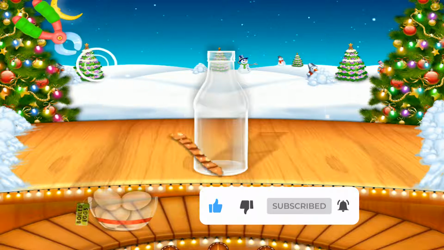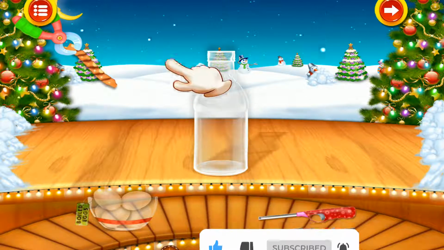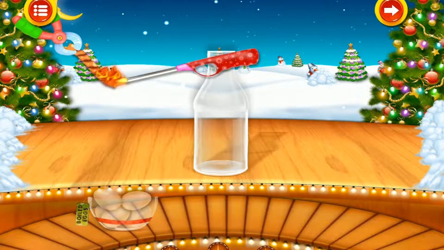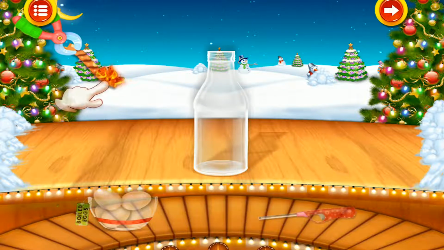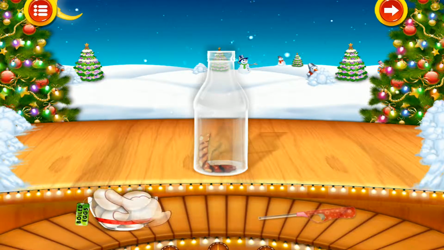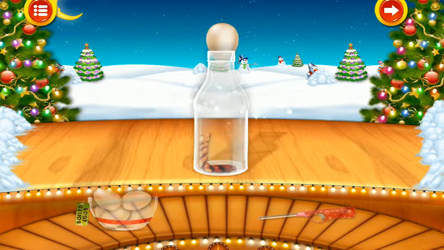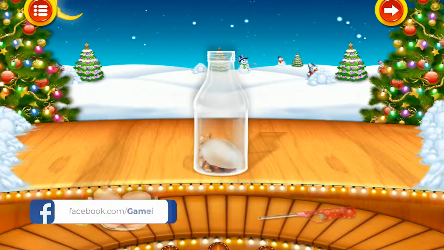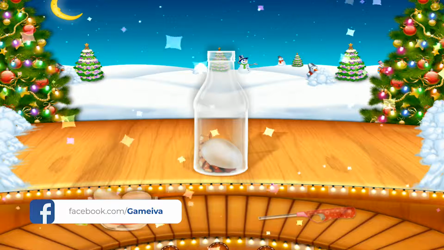With the help of a lighter, ignite the thread. Place one boiled egg on the bottle. Leave it for some time. What did you observe?